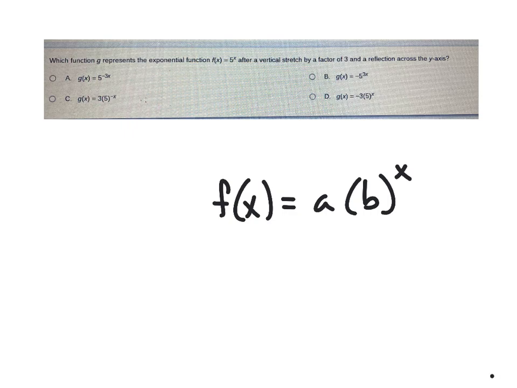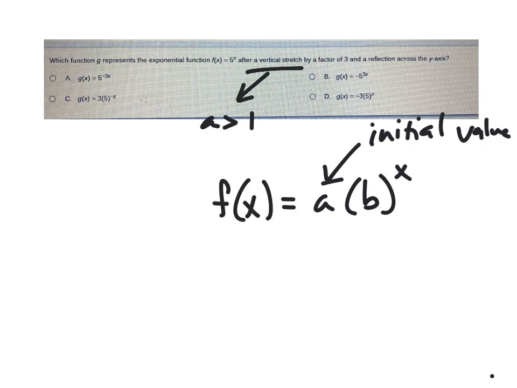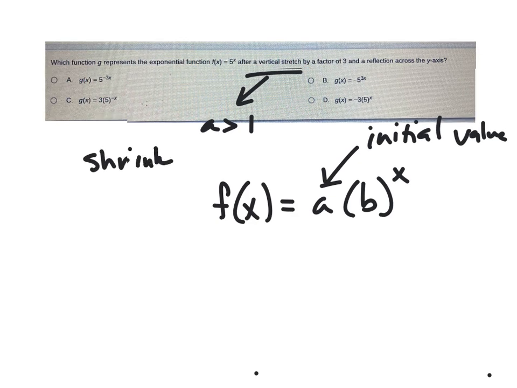Now this a value is what we call our initial value, but it also gives us our vertical stretch and our vertical shrink. A vertical stretch means that your a value has to be larger than 1. If it was a vertical shrink, that means a would be less than 1 but also greater than 0, so a fraction between 0 and 1.